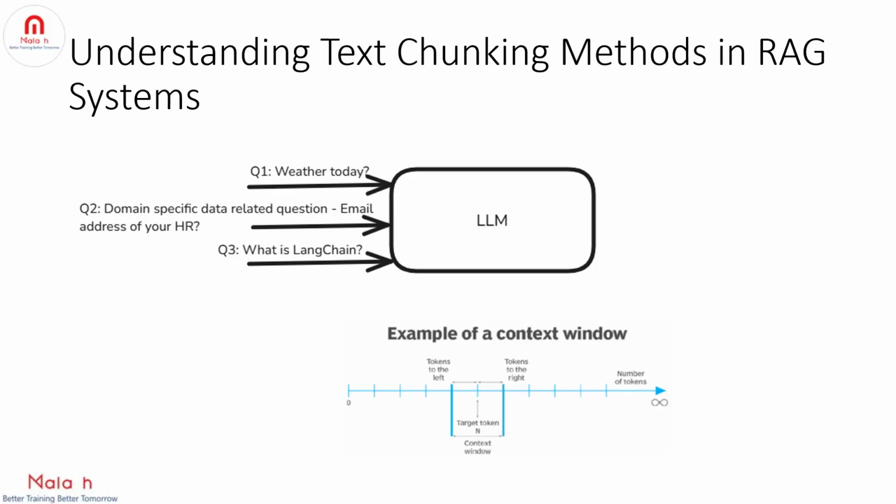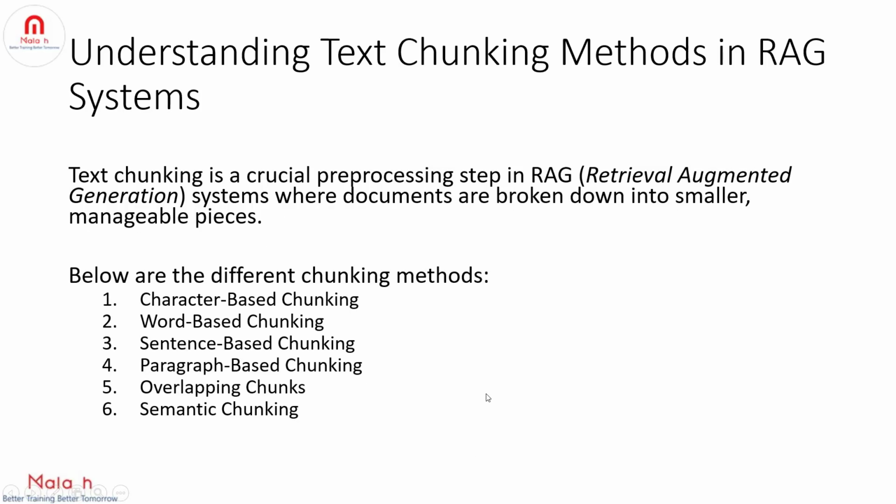Now let's learn the different chunking methods that we use when we build a RAG application, and what kinds of chunking methods LangChain supports. Text chunking is a crucial pre-processing step in RAG, Retrieval-Augmented Generation systems, where documents are broken down into smaller manageable pieces. We've already seen this, creating chunks in our question answering RAG application.